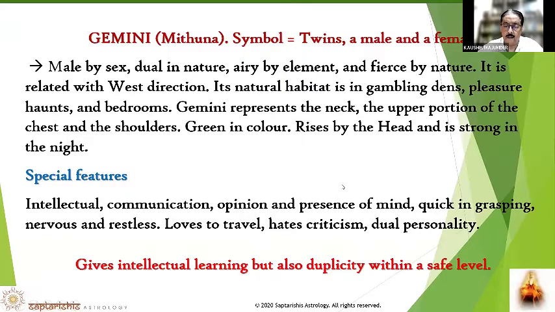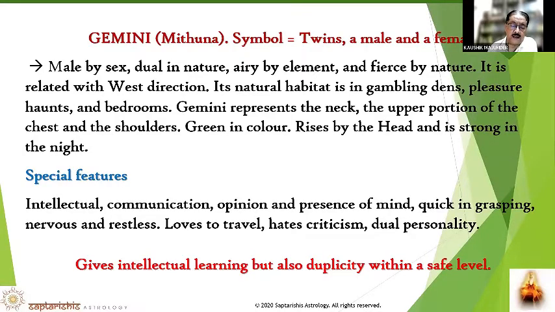So the criteria for Gemini that I have given is it gives intellectual learning, but also duplicity within a safe level. Now, Gemini involves a little bit of hypocrisy. No, it will automatically not be evident to all.